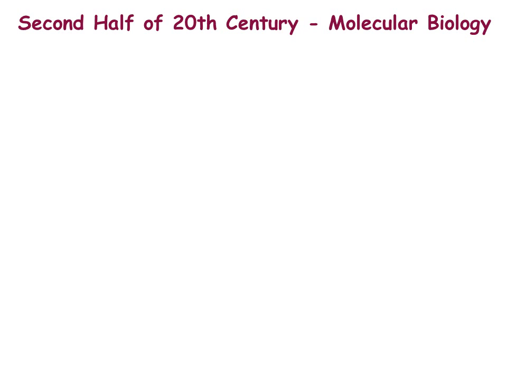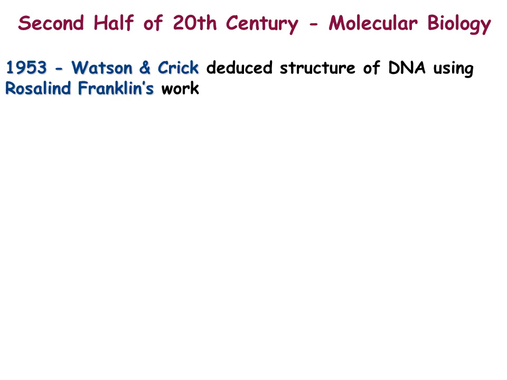The second half of the 20th century was when we really started to understand how the information for proteins and genes are encoded in the DNA, and so we think of the second half of the 20th century as being the molecular biology portion. Remember, it took us until 1944 to determine that DNA carried the genes.